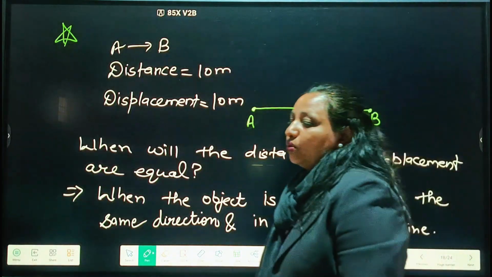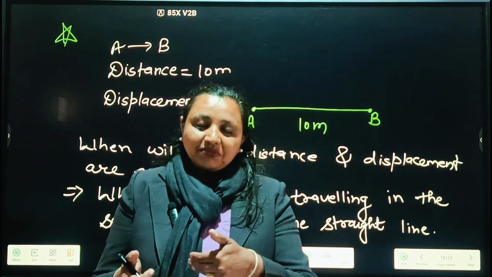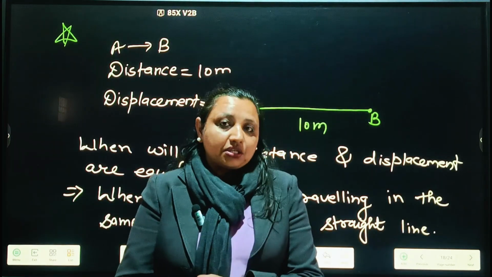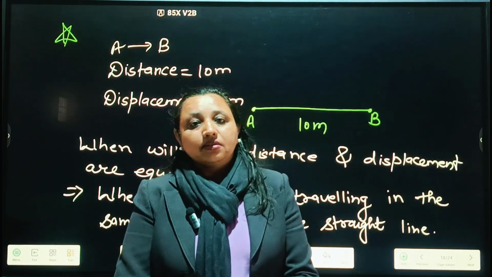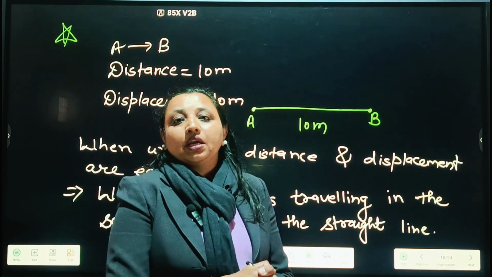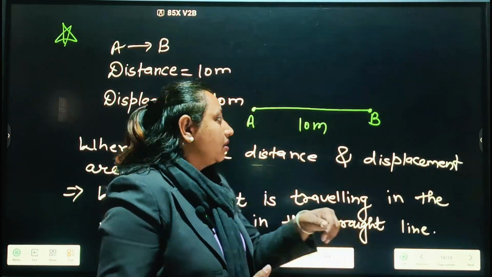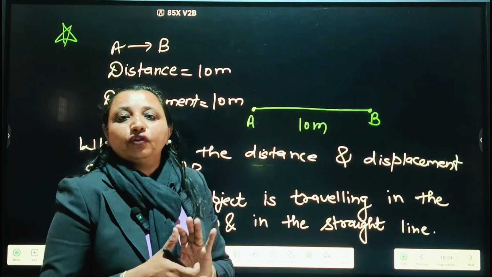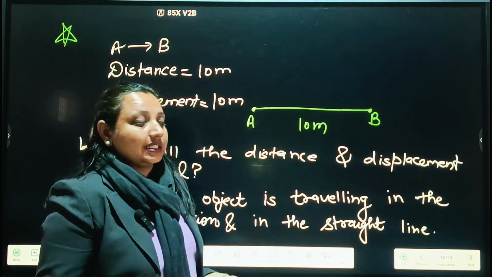So when the object travels in the same straight line without change in direction, then the magnitude of distance and displacement is the same, because the direction will remain the same, it is going in the same straight line, it doesn't change its direction, so at that time the magnitude of distance and displacement is the same.